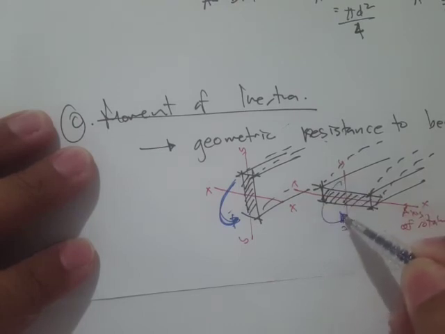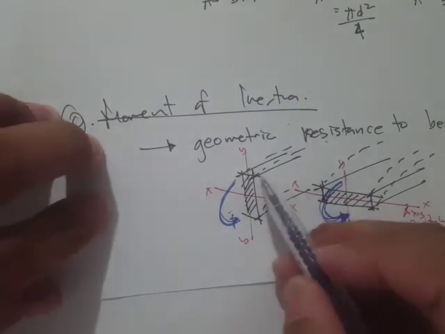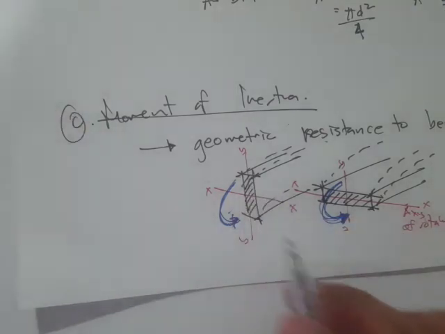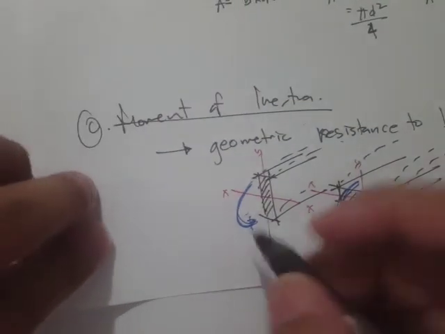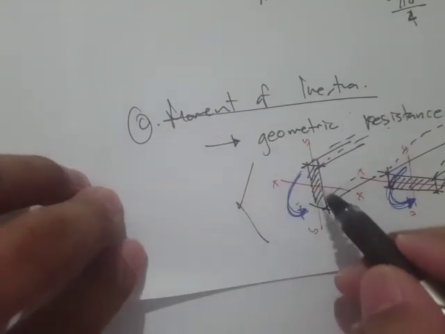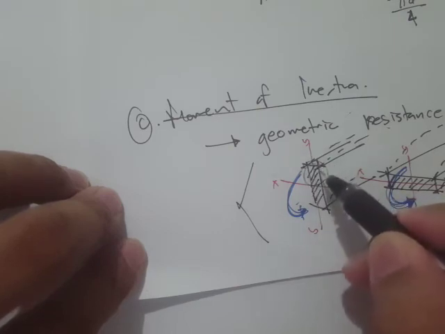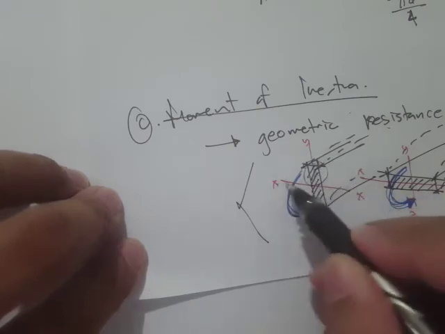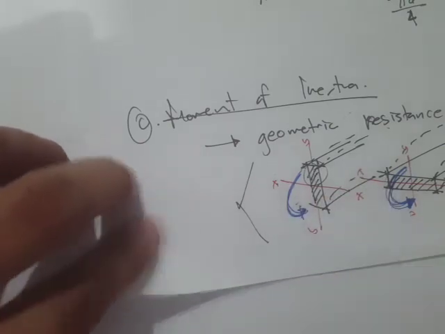So the question is, why is it much harder to bend this orientation compared to this one? The answer is because there's more area away from the axis of rotation. That's the reason why.